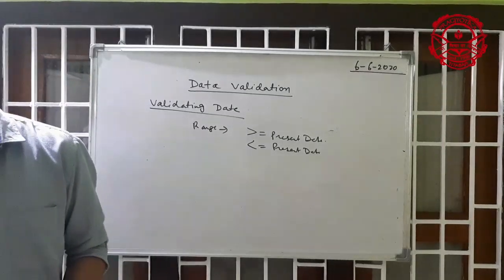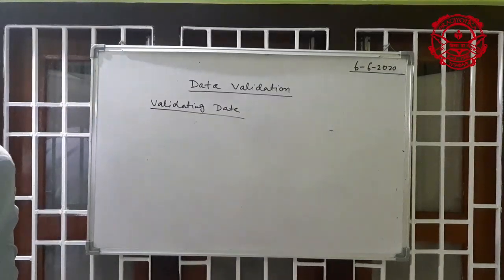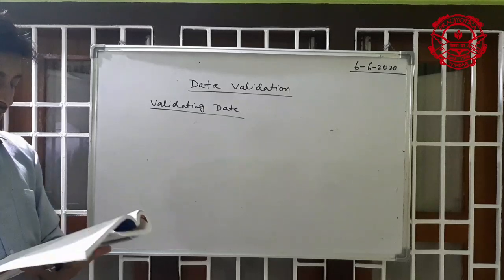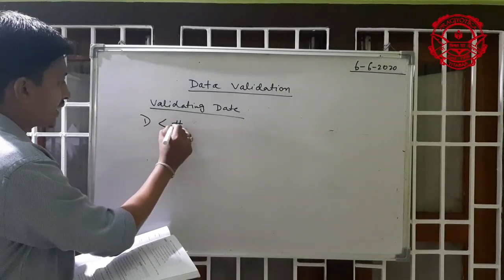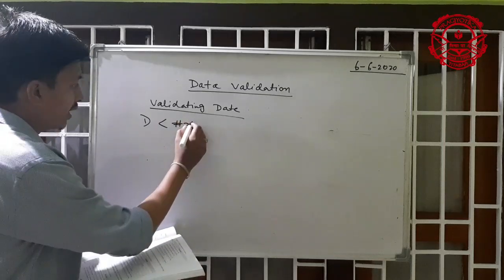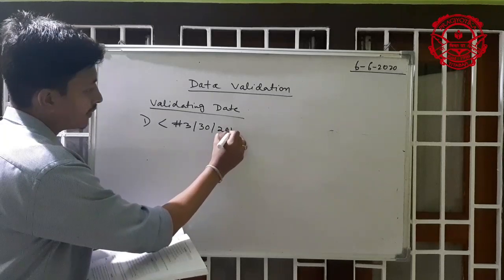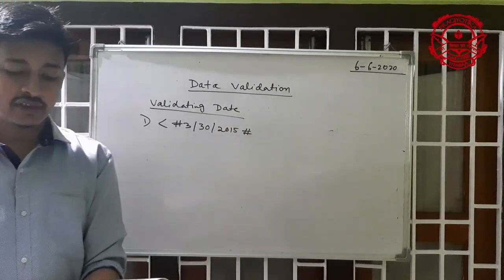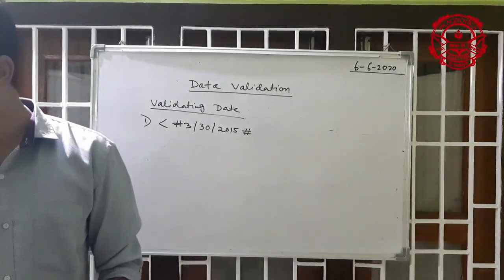Okay, now see, there is also a table given. The first one is less than 3/30/2015. It means the date occurs before March 30, 2015.